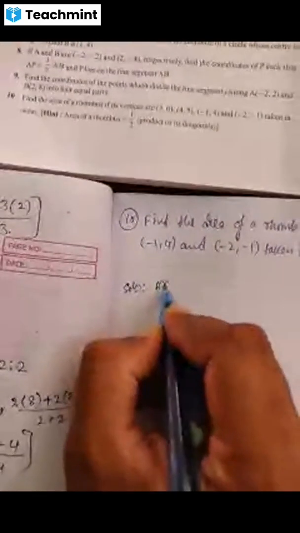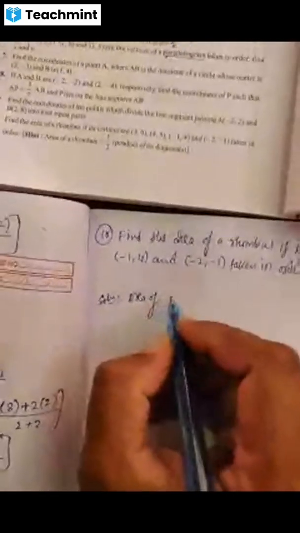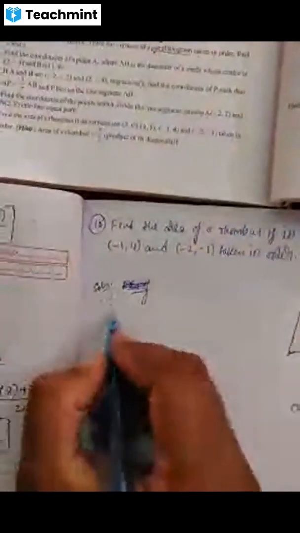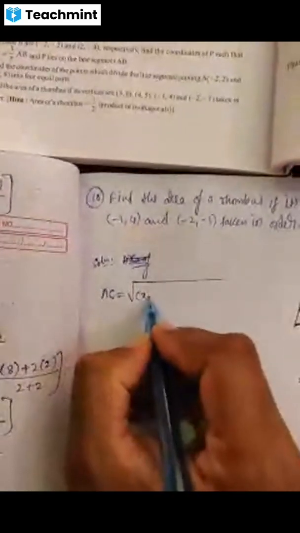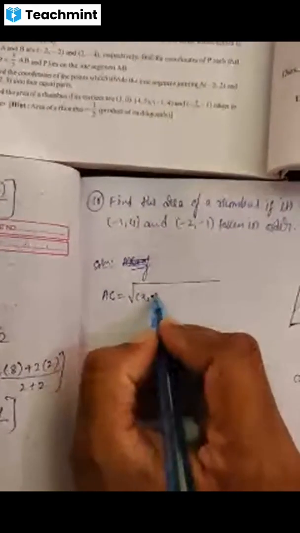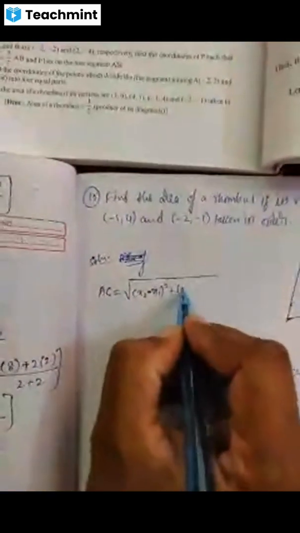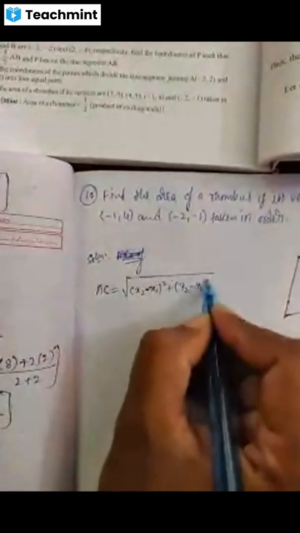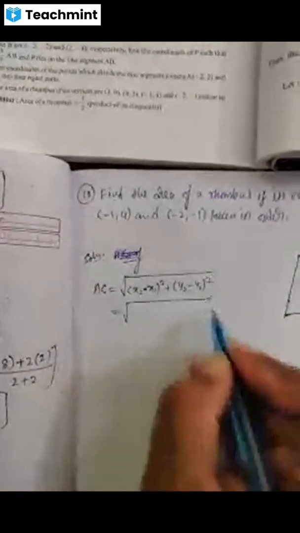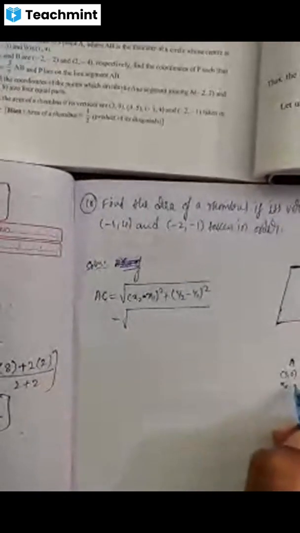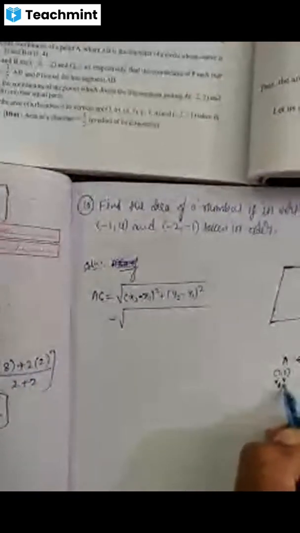First we need to find the diagonals. AC is given by what? Square root of (x2 minus x1) whole square plus (y2 minus y1) whole square.